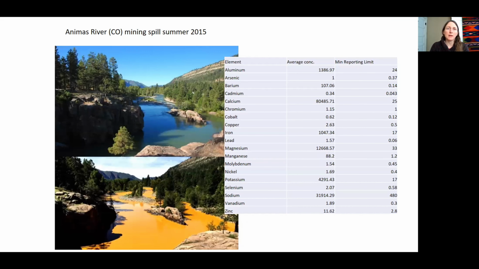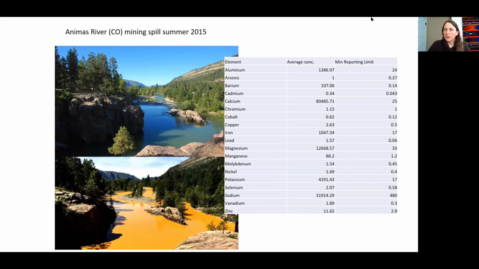Here's a picture showing the Animas River in Colorado after a mining spill, before the spill and after the spill. This was a devastating event and it had whole river consequences. You can see that the average concentrations of certain elements, things like aluminum and sodium, are really high.